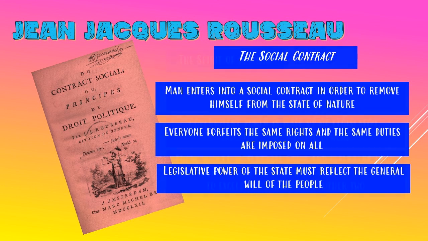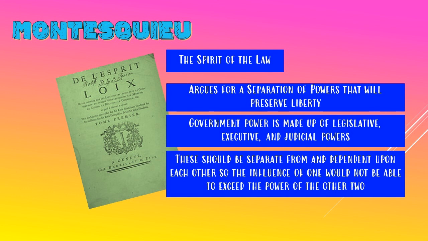All right, and the last guy is Montesquieu. Now, luckily, we're least likely to see Montesquieu, but the idea that comes from him that we're most concerned about is he developed the idea of a separation of powers, that was the best way to ensure your personal liberty or your freedoms were the most protected.